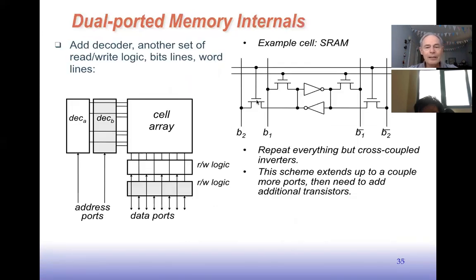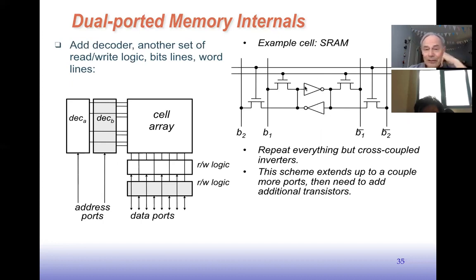Well, we can change the internal details of a memory block in order to accommodate multiple ports. If you look on the left, if we want a dual-ported memory, we can add another decoder and add another set of read and write logic down here and double up the bit lines and double up the word lines. And the change in the bit cell would look like this. This is for SRAM, which is typically only done with SRAM, rarely done with DRAM.